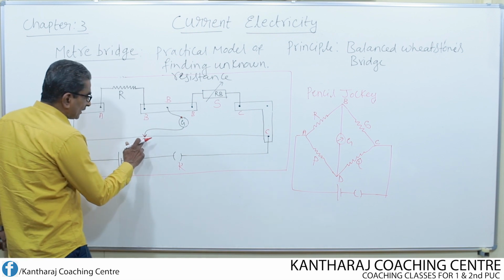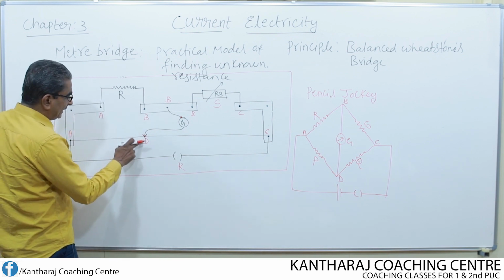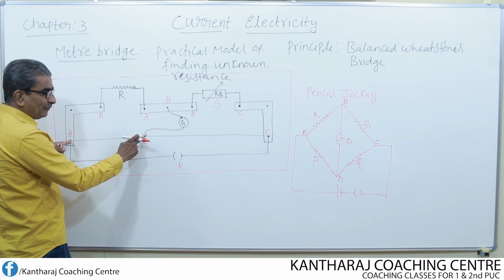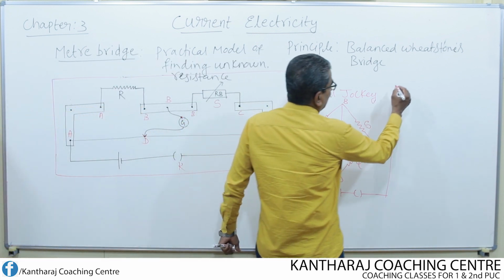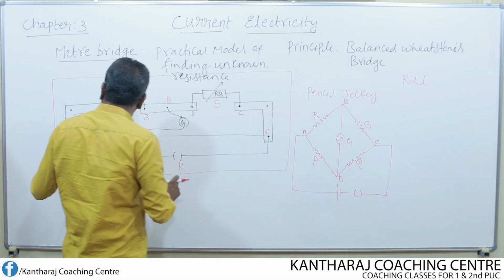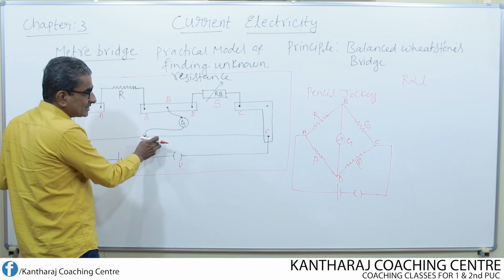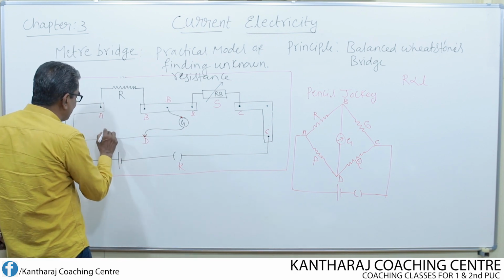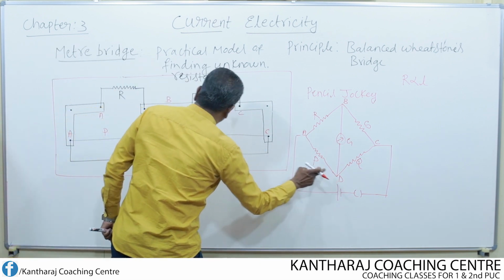Look here, if I consider this point as D, then between A and D, this length of wire will have some resistance, and we know that resistance is directly proportional to the length of the wire. So this length of wire from A to D will have its own resistance, and I call that resistance P. Between A and D, what is there?